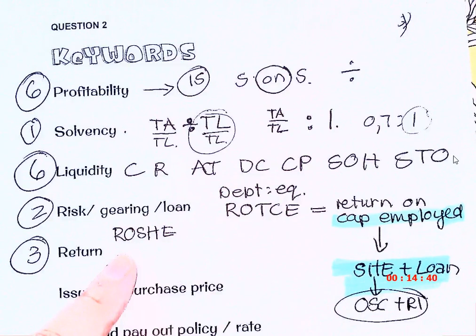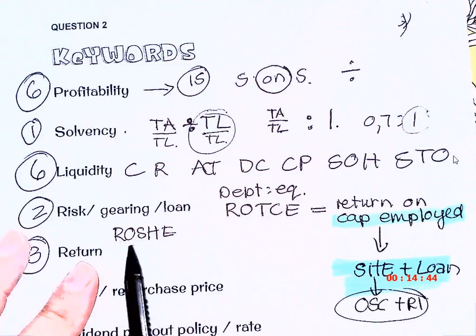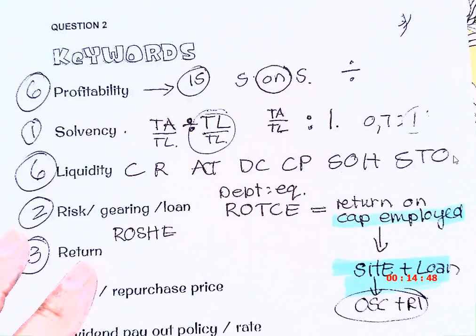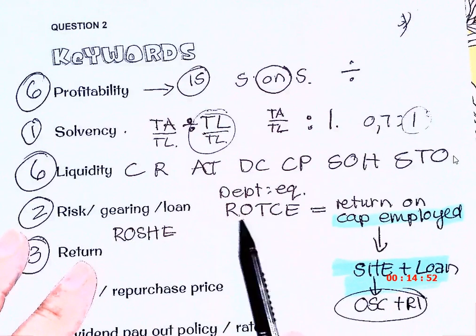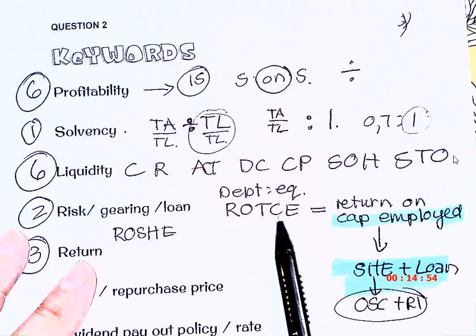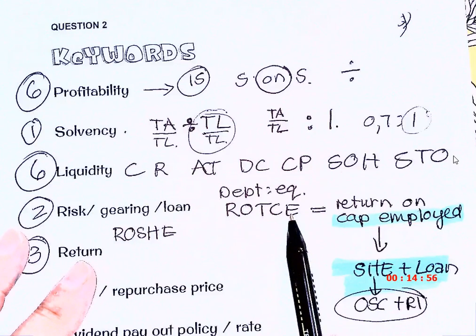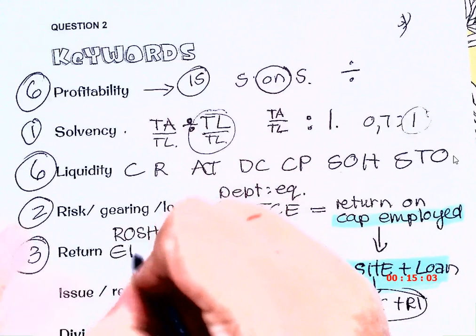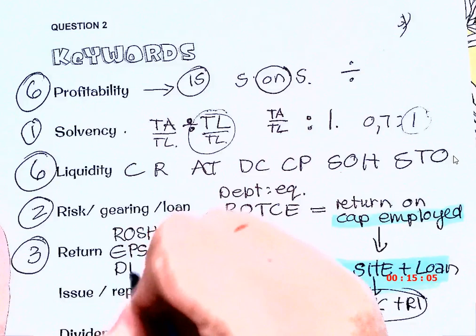ROSHI, read it. It tells you what it is: the return on shareholders' equity. This one tells you it's the return on capital employed. So ROSHI is the one, EPS is the other one, and DPS is the other one.